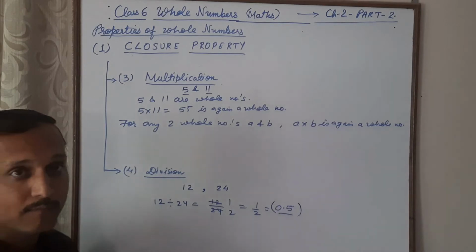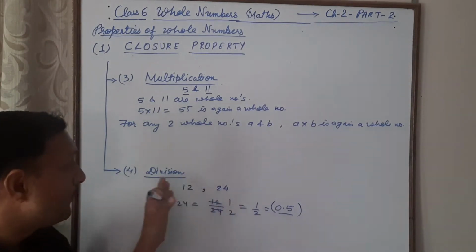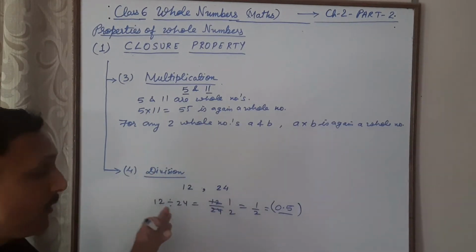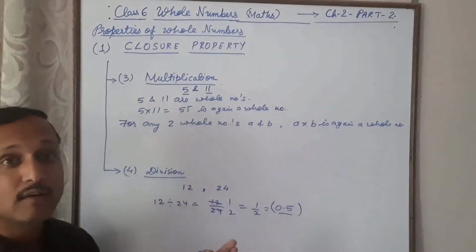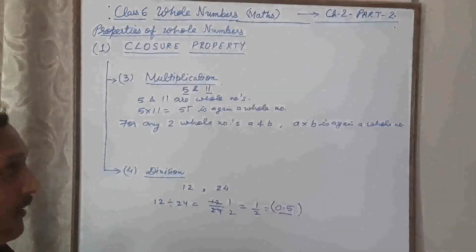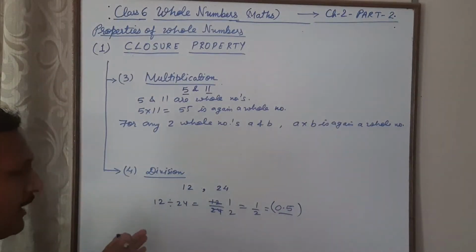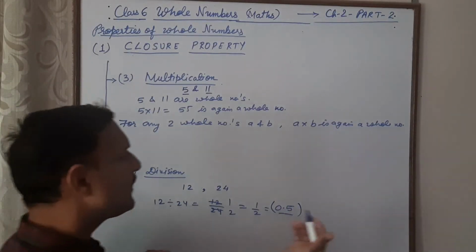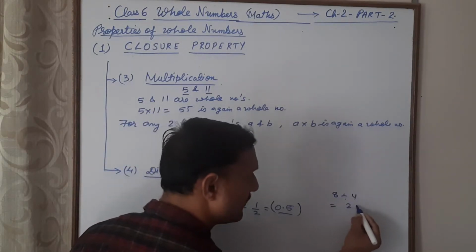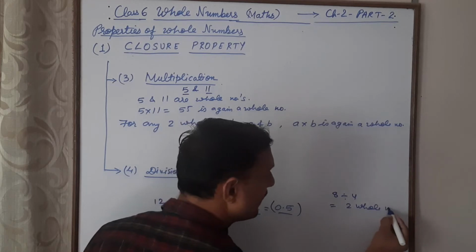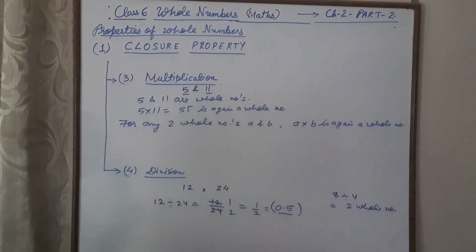So in division, for any two whole numbers we take, we must get a whole number, but we are not getting it. Therefore, in every case it does not happen. In some cases, see here, 8 divided by 4, when we divide it, we are getting a whole number. But the property says that for every number it must happen.